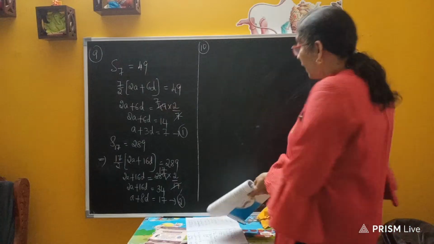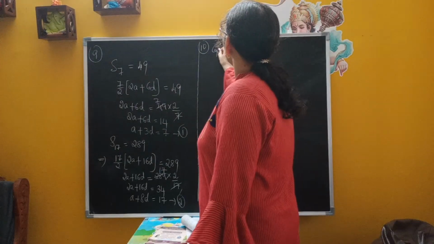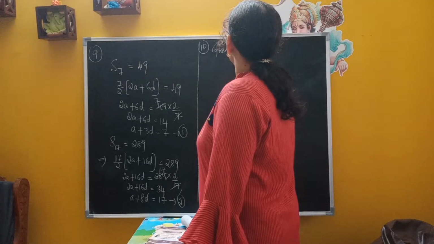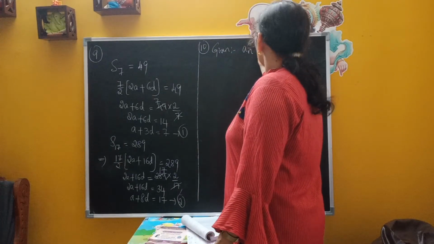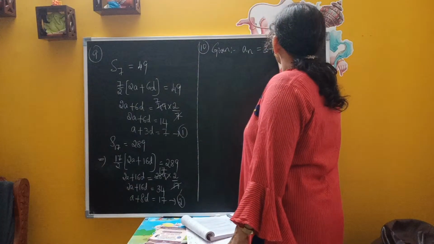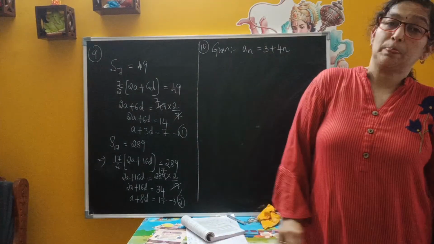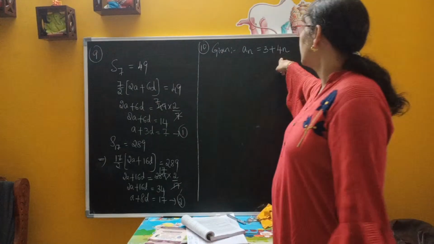They have given AN in which form? Given that AN is equal to 3 plus 4n. Okay, 3 plus 4n. So they have given this equation.